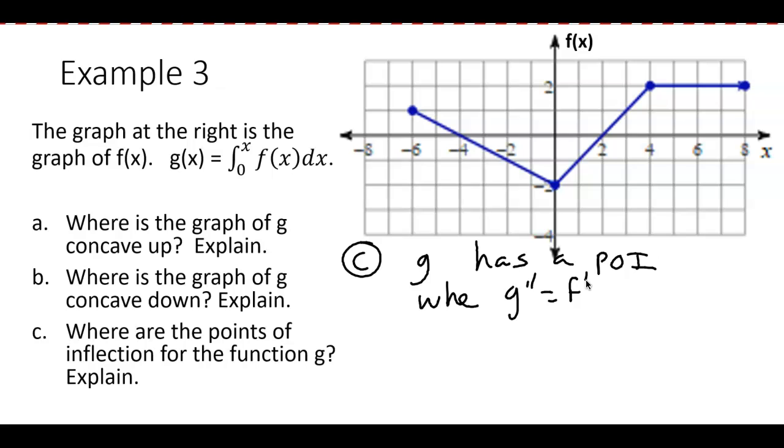Or maybe that's the part I'm a little conflicted on. The good news is I never see them ask questions about this sort of stuff on the AP exam, and I've been looking all over different textbooks and I can't get a straight answer on it. But let's put it this way: where G double prime equals F prime, it definitely has to change signs. I'll tell you that much. It has to go from positive to negative or from negative to positive.